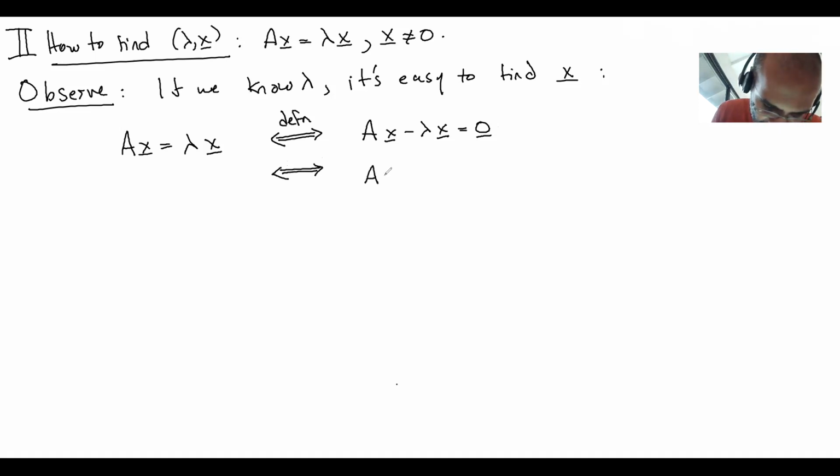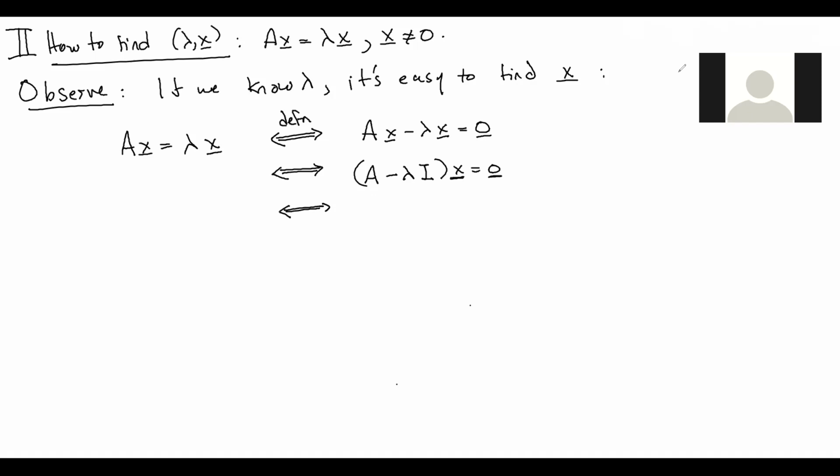So this is the same as applying the matrix A minus lambda times identity to x equals 0. Any questions about that step? I'm using just properties of matrix algebra here.